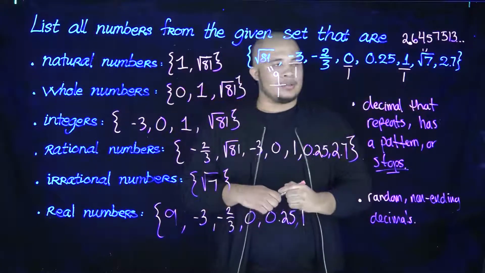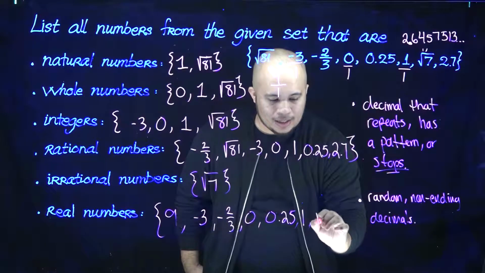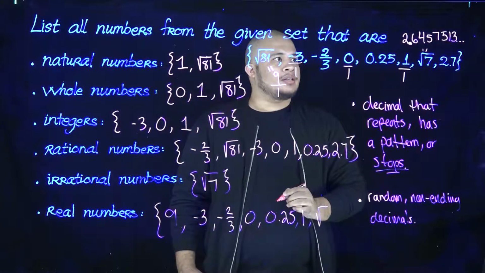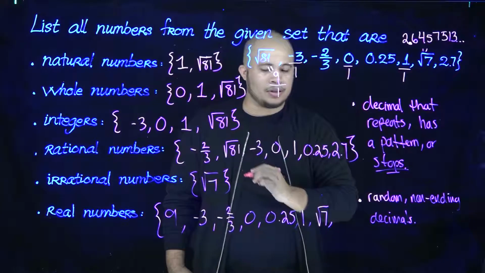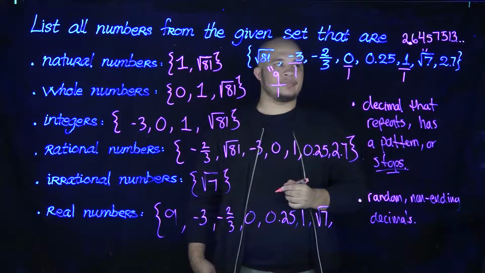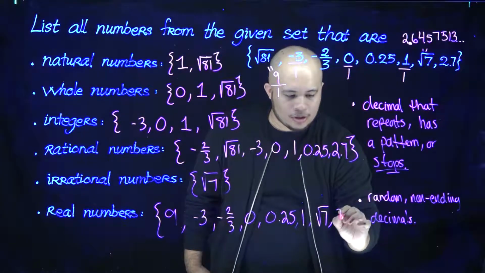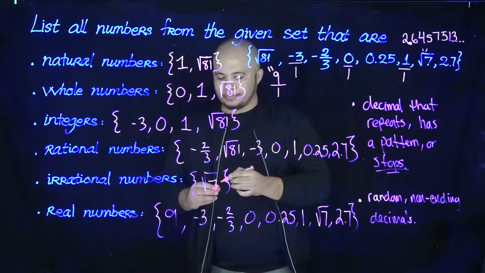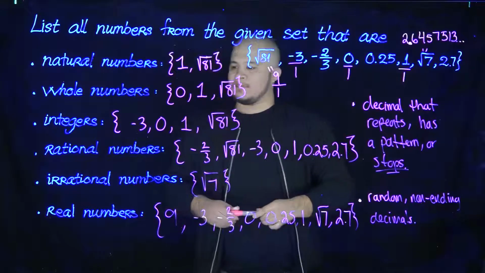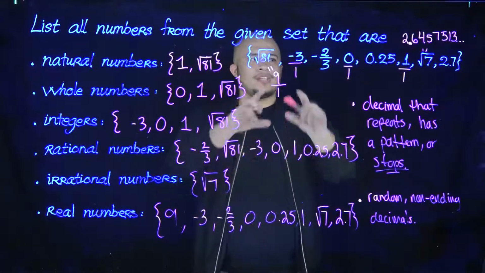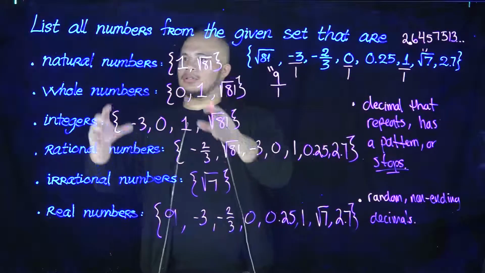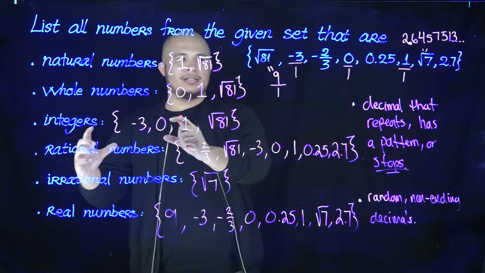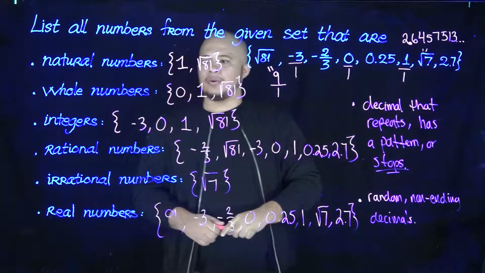It's a number between 2 and 3, so we can identify this square root on a number line. Therefore, it's a real number. 2.7 falls short of 3. That can also be found on a number line. And that is the definition of the real number. So for this set, we were able to find each and every set that each number belongs to all the way through the real numbers.